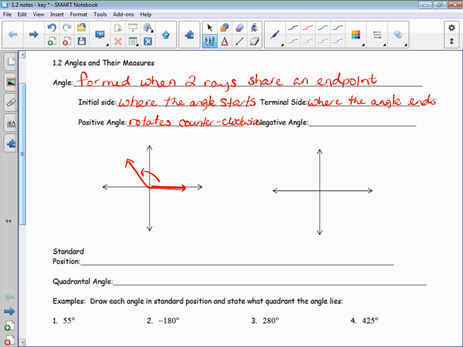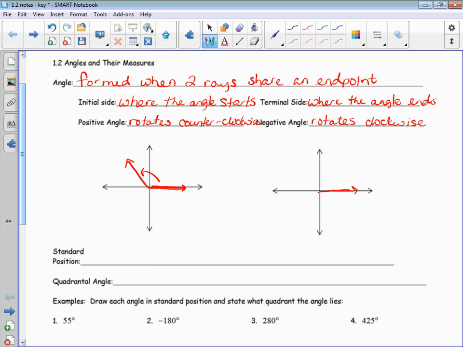So what direction do you think a negative angle is going to go? Clockwise, yeah. All right, so drawing one of those, again, our initial side over here on the positive x-axis.